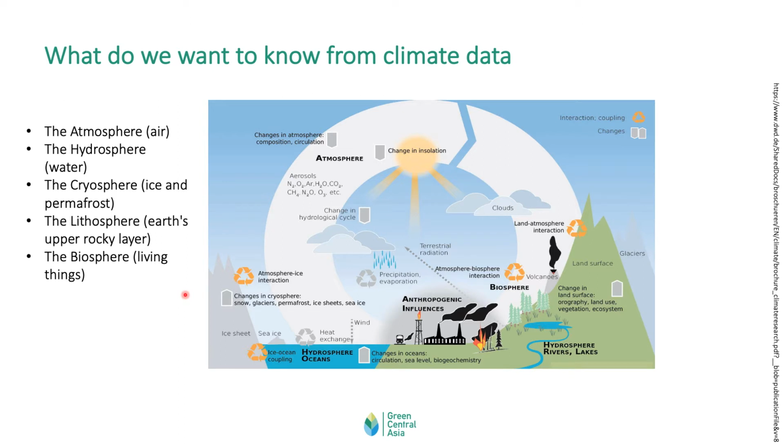Usually scientists define the climate system by 5 components: the atmosphere, all the gas around us; the hydrosphere, which is all the water inside the climate system, oceans, seas, lakes, and rivers; the cryosphere, all the ice within the climate system, like the glaciers, the sea ice, and ice sheets, for example over Greenland; the lithosphere, Earth's upper rocky layer, like mountains; and the biosphere, all the living things within the climate system.